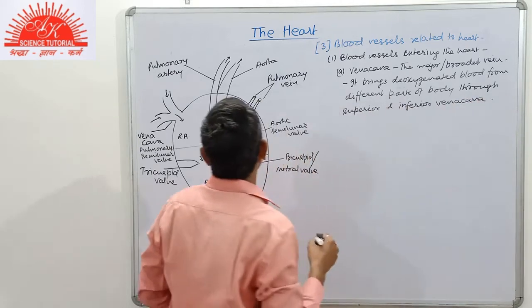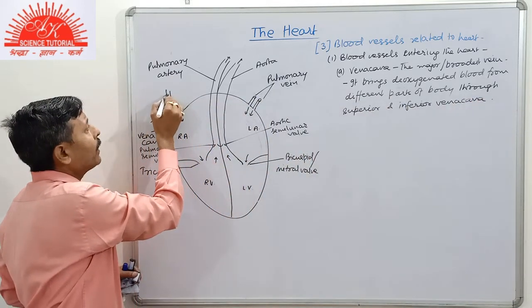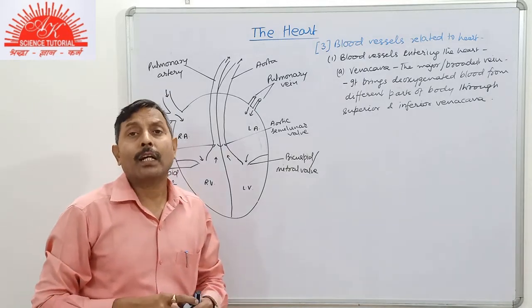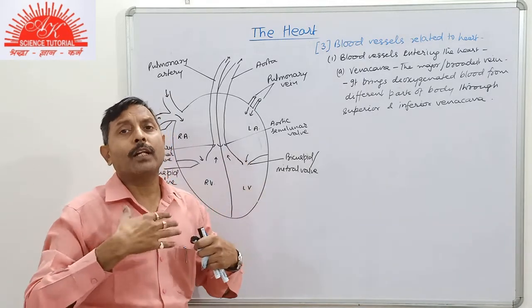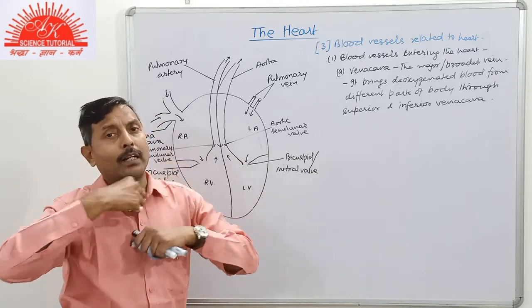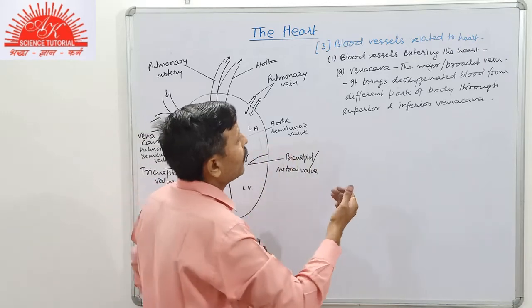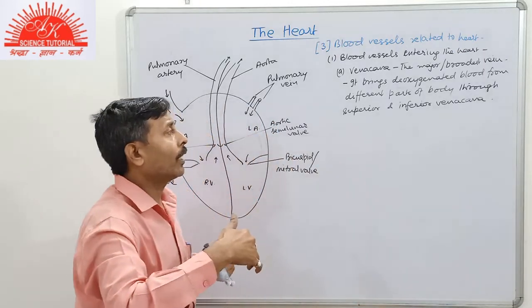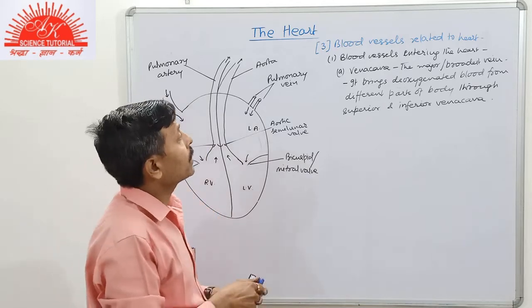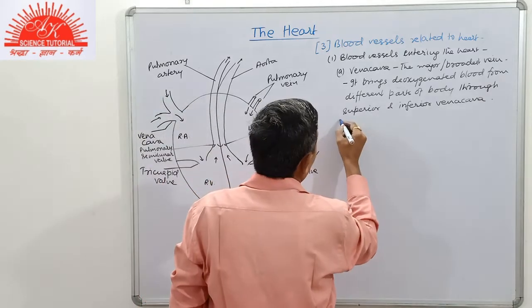So in the diagram you see here, students, this is the superior vena cava and this is the inferior vena cava. The superior vena cava brings deoxygenated blood from upper extremities, that is head, shoulders, arms and others. And the inferior vena cava brings deoxygenated blood from lower extremities of the body. So this is the major vein.